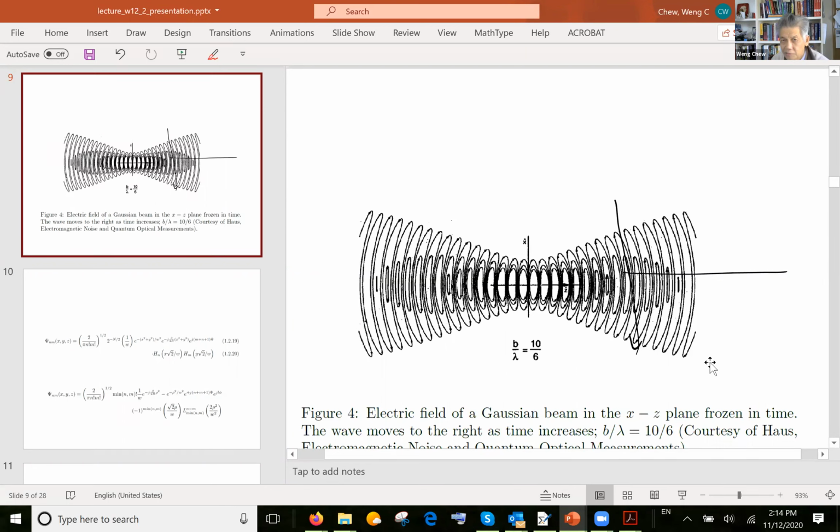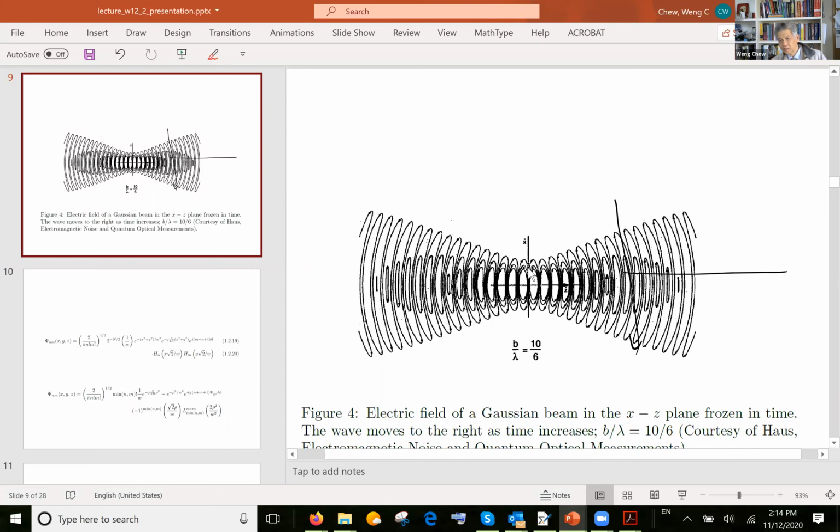Okay, and we also study something called the Rayleigh distance. You can say that the Rayleigh distance is the distance for which the beam remains collimated, and then after that distance, if the observation point has exceeded the Rayleigh distance, then the beam starts to diverge.